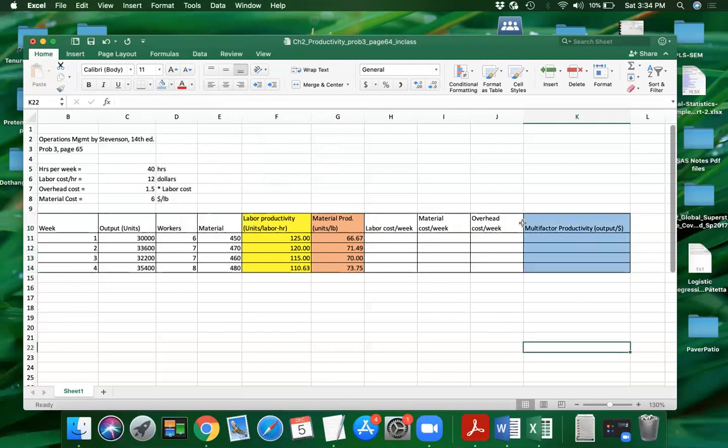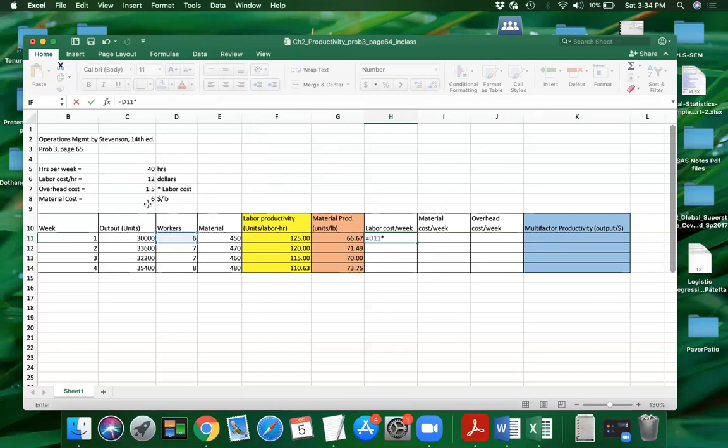Okay, so to calculate the multi-factor productivity, we need to make sure that we first calculate the labor cost in terms of dollars, material cost in terms of dollars, and overhead cost in terms of dollars. So how would you do that? Here we are using 6 workers.